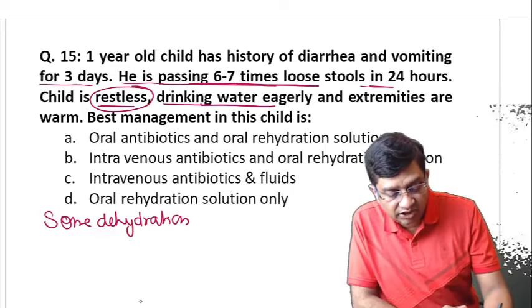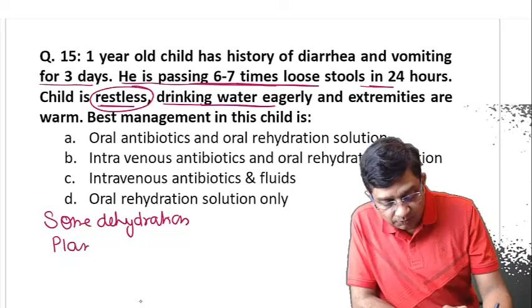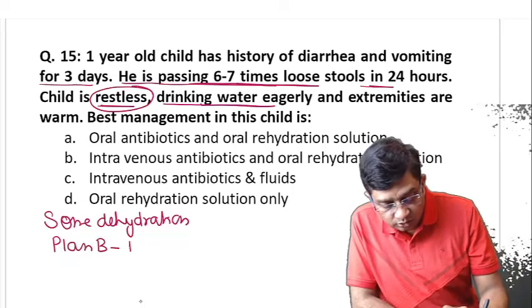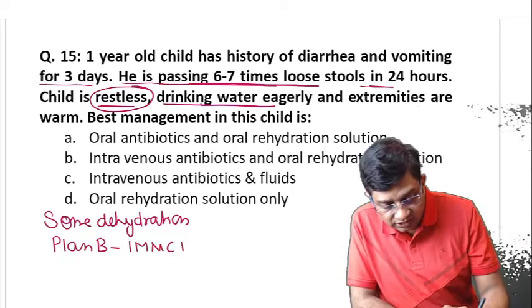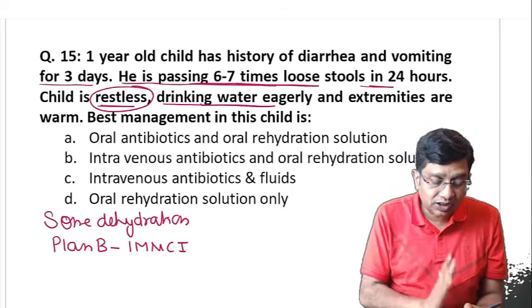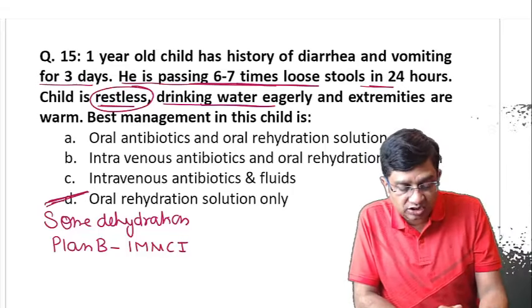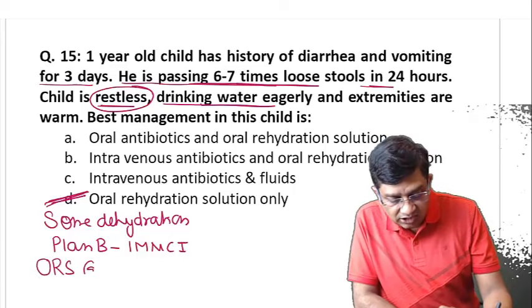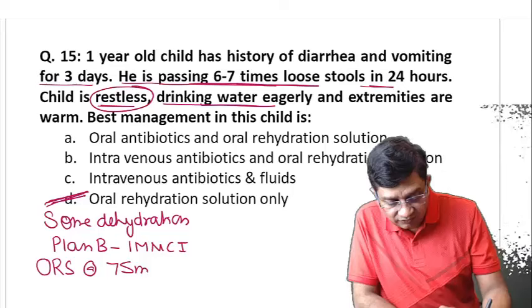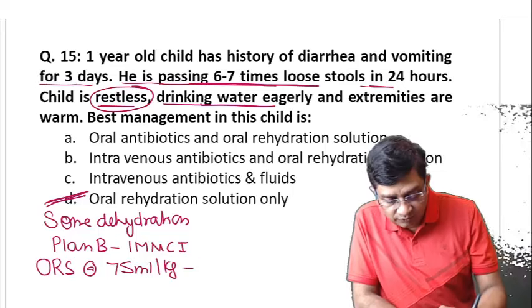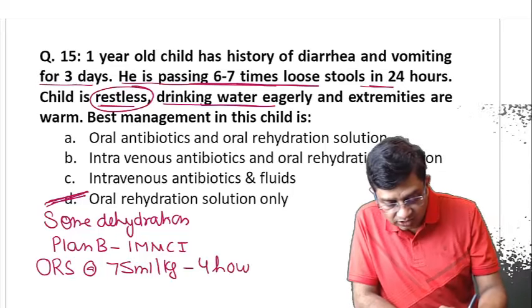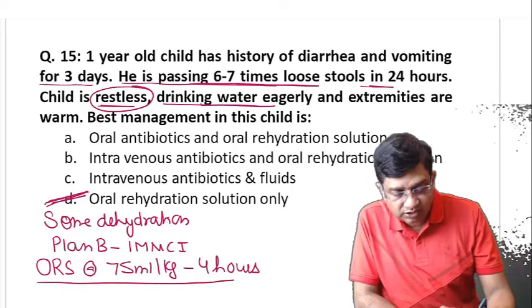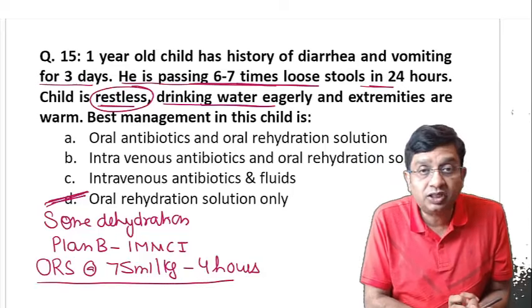In some dehydration, you follow plan B according to IMNCI. Plan B says oral dehydration solution: you give ORS at the rate of 75 ml per kg over a period of 4 hours. That is what is to be done in this child.